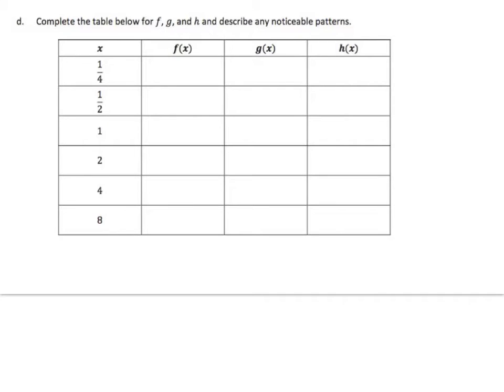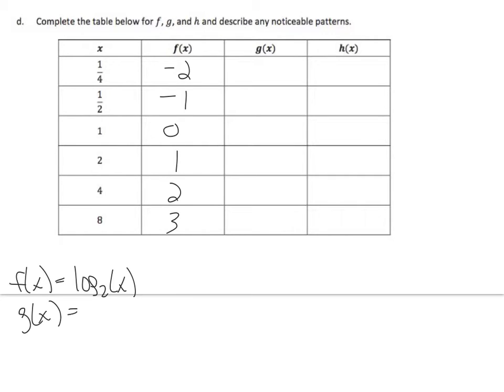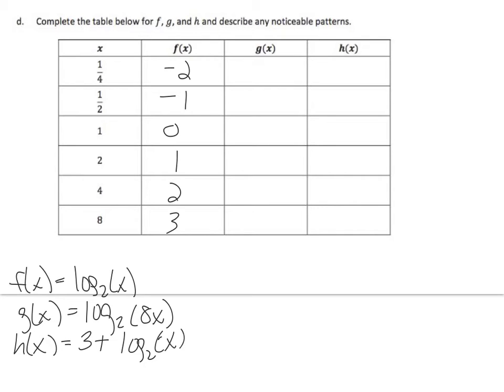All right, complete the table below for f, g, and h and describe any noticeable patterns. So, reminders. f of x was log base 2 of x, and we already did those, so I'm going to draw those in real quick. g of x was log base 2 of 8x, and h of x was 3 plus log base 2 of x.